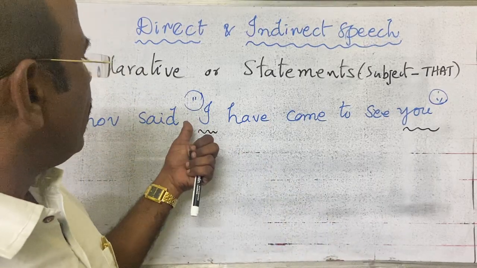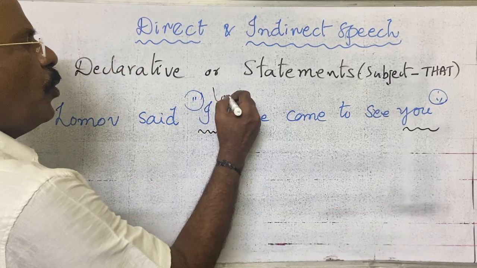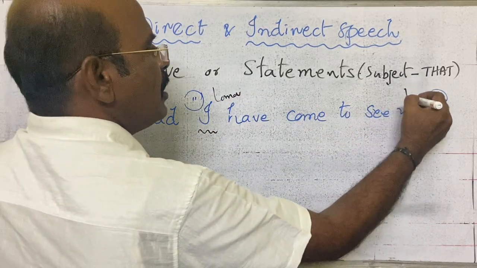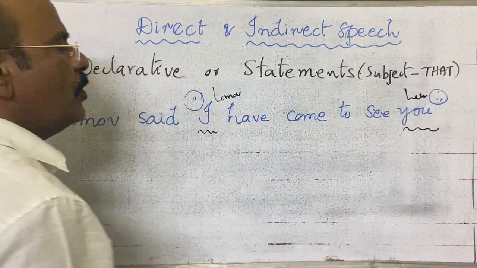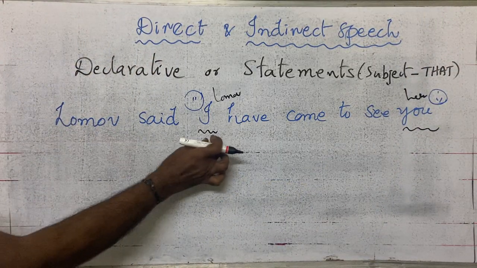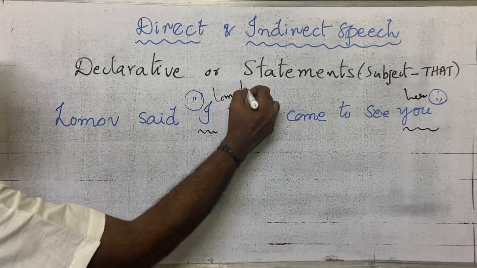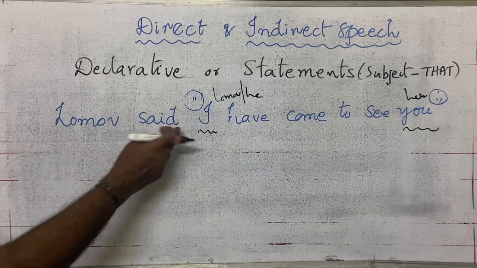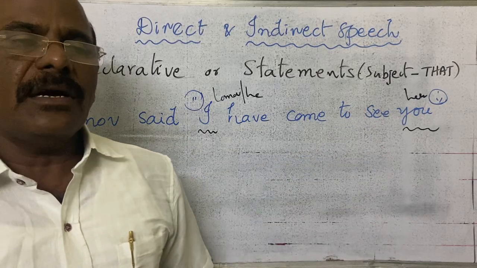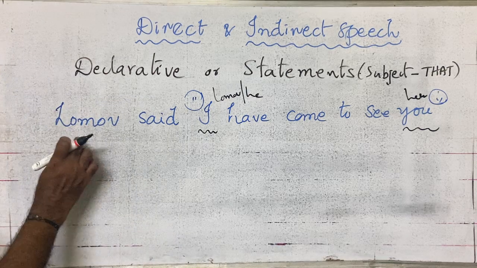So you means her, and I means Lomo. You have to take the person who is speaking; as here it is Lomo, you can take Lomo or he. As it is a lady, we take you. So the persons inside the commas have to be changed according to the person outside the commas.